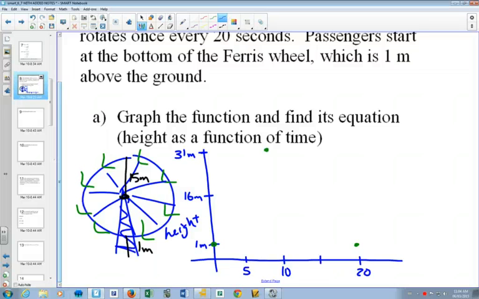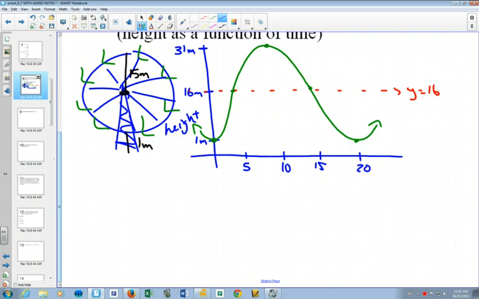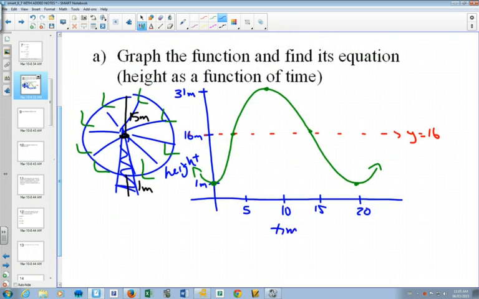At 5 and 15 seconds, you would be right on your center line. And we can label this down here as time in seconds.